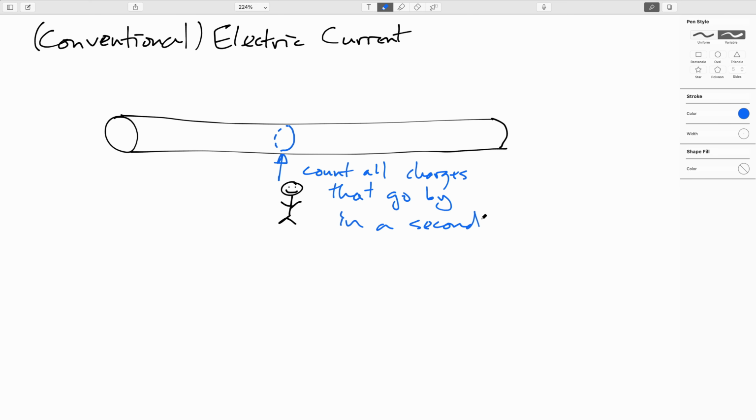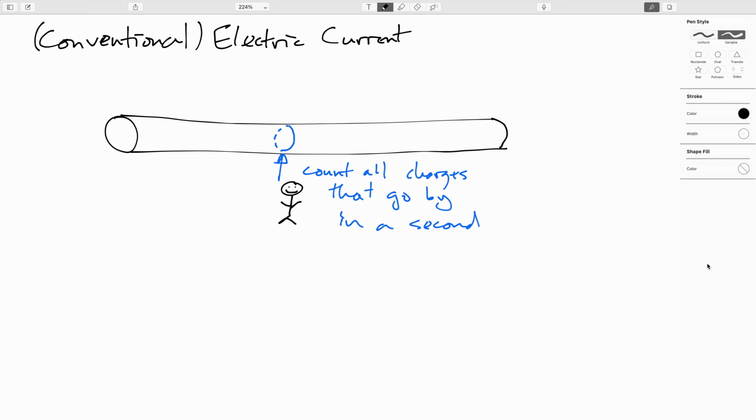But we do have to be a little careful about this because we've got the complication that we didn't have with water. I mean, water, if it was flowing one way, is just flowing one way. From the perspective of an electric circuit, it doesn't really matter if you have positive charges flowing to the right or negative charges flowing to the left.